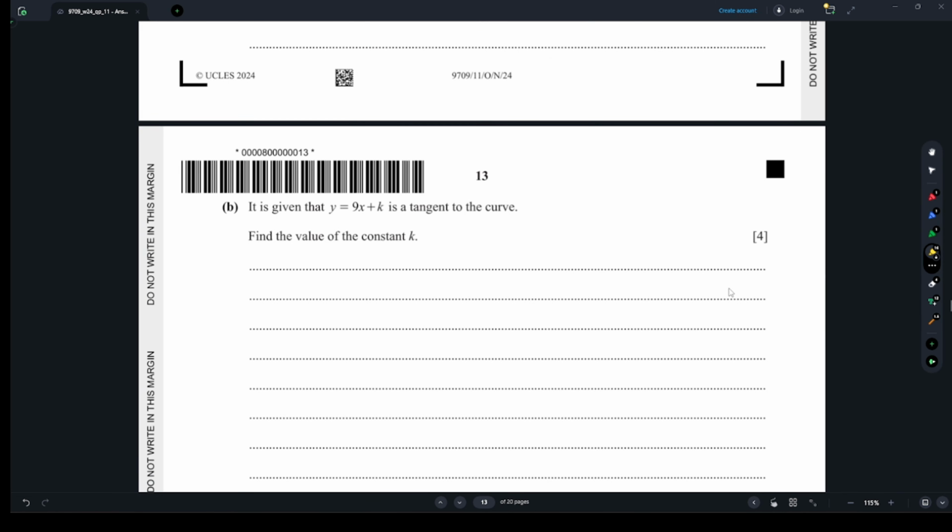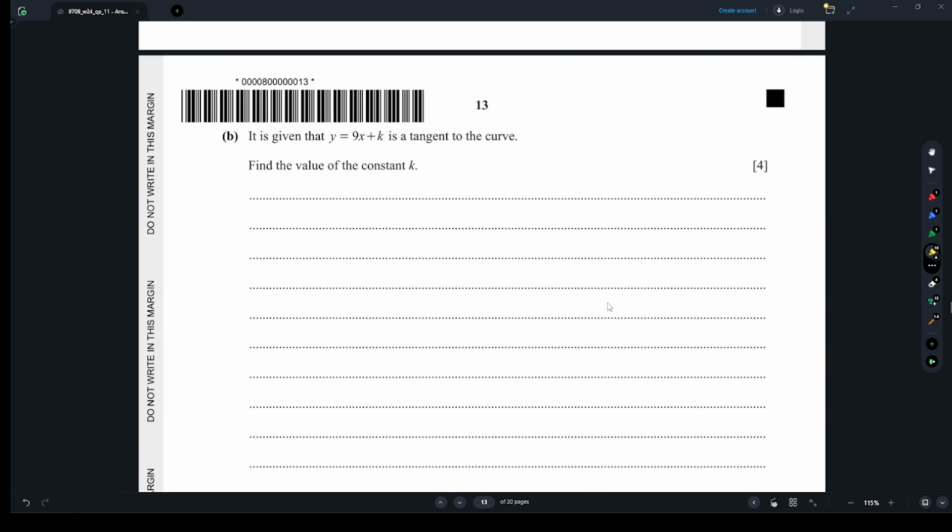Okay, then part B. Part B. Okay, it is given that y equals 9x plus k is a tangent to that curve. Find the value of the constant k. Okay, let's consider like this.